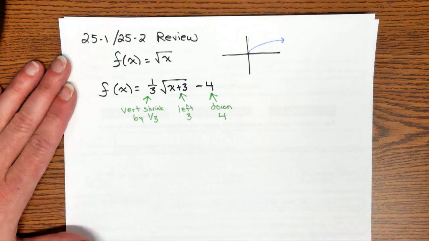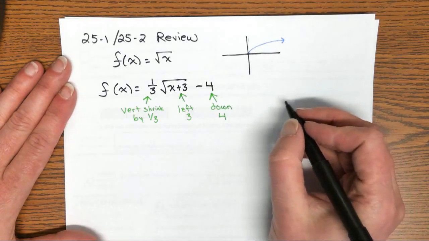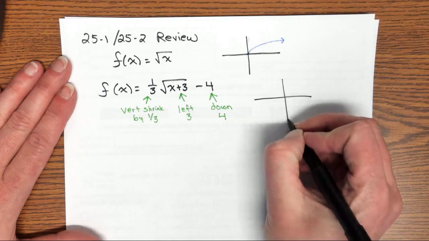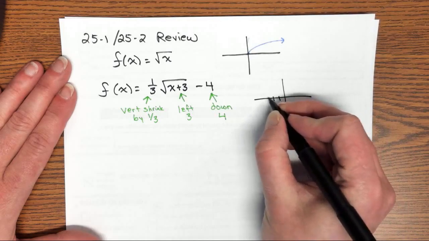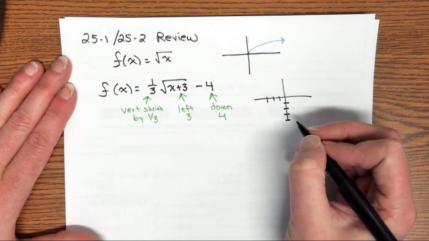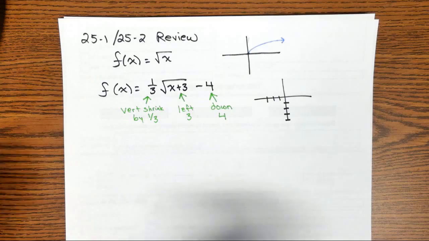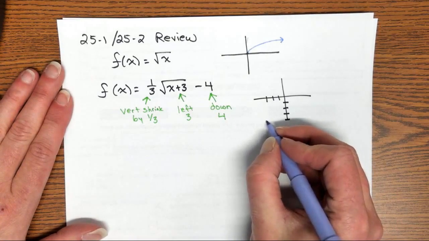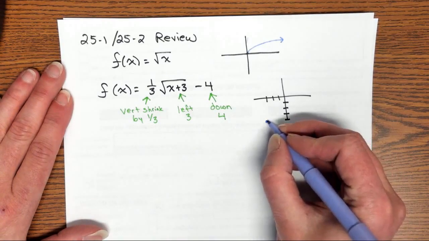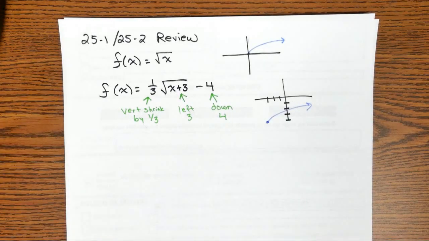Now you could verify all of that by looking in the calculator, and you should see something like this. So I went left 3, down 4. My new graph should start down here. And it's going something like that. So what would be my new domain and range?